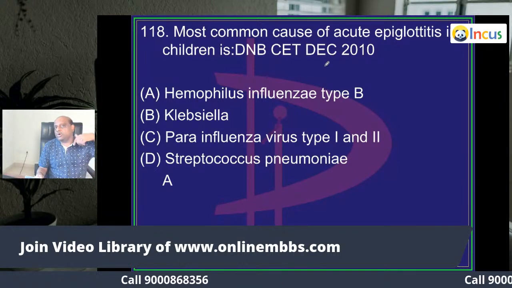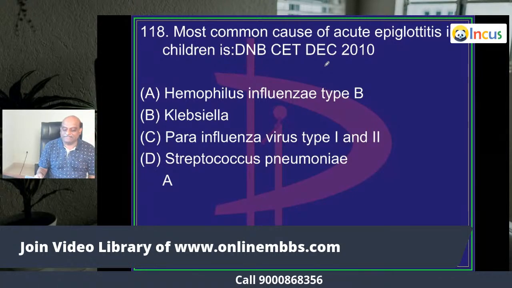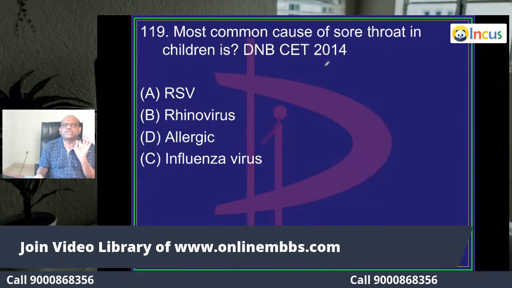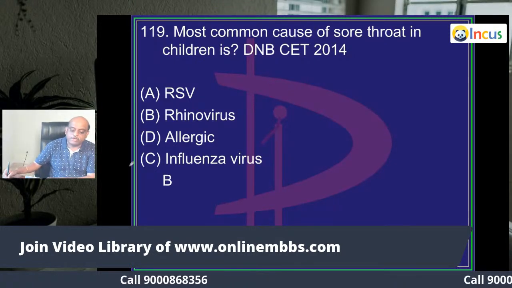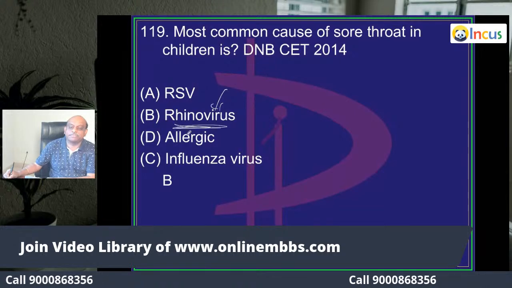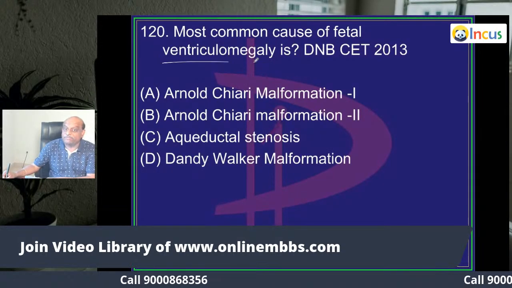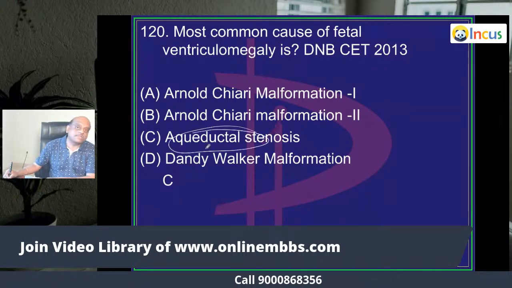But laryngotracheobronchitis croup is viral, parainfluenza. There's a difference. The most common cause of sore throat in children is a common cold. What is the most common cold causing virus? Rhinovirus. The most common cause of fetal ventriculomegaly is aqueductal stenosis.